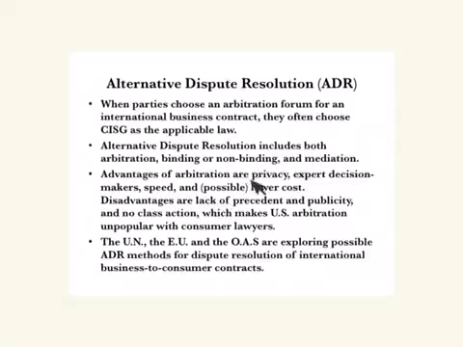Because arbitration is private, you can't use one arbitration decision as precedent for a future arbitration decision. You can't get any publicity about it if you win. There are no class actions effectively in arbitration, so U.S. consumer lawyers don't like arbitration.